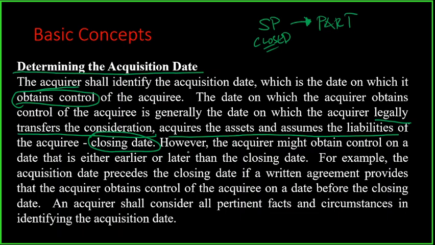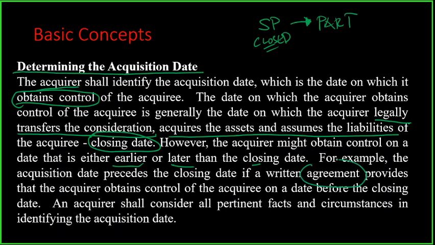However, the acquirer might obtain control on a date that is either earlier or later than the closing date. Paano yun? An example would be if the acquisition date precedes the closing date, and there is a written agreement that provides the acquirer to obtain control of the acquiree. So what is your keyword?